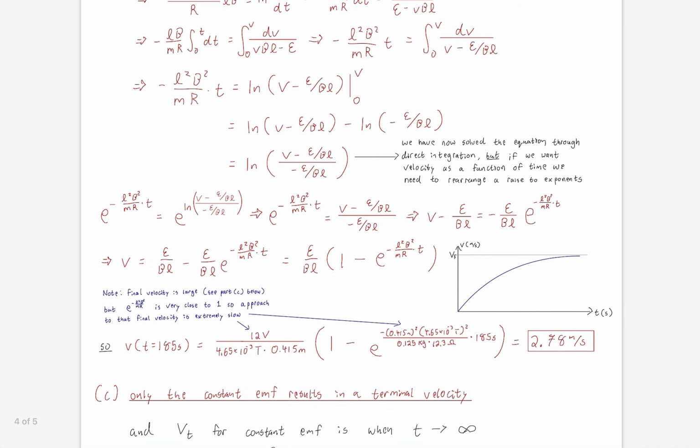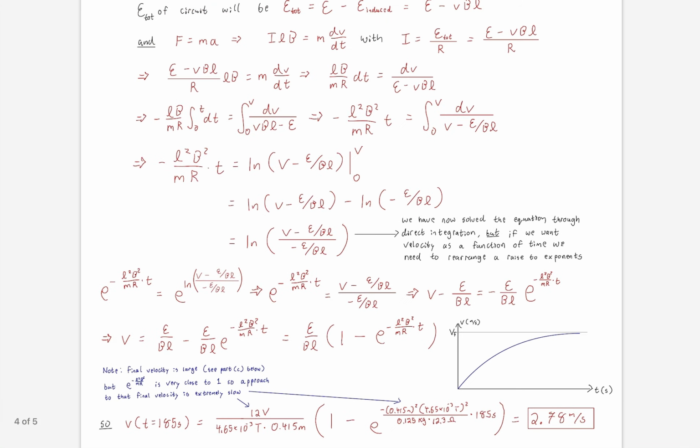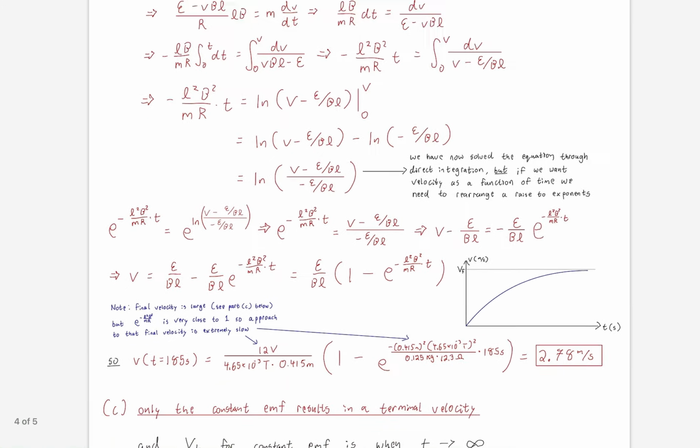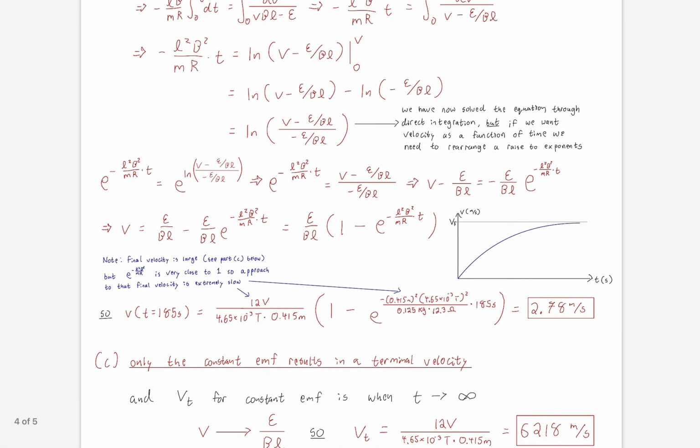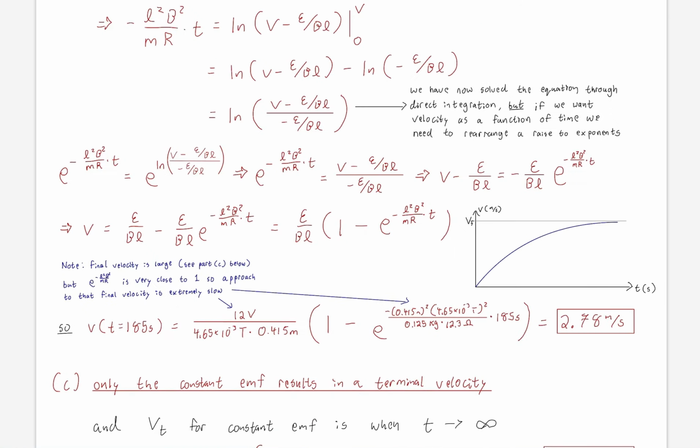So same math, same exponentials, because those are always going to come out of the type of integral that we're doing, which is a 1 over x integral, which gives us a function of the natural log of x. But we can do different things with exponentials. In this case, the exponential is approaching that final value, because there's effectively two forces.